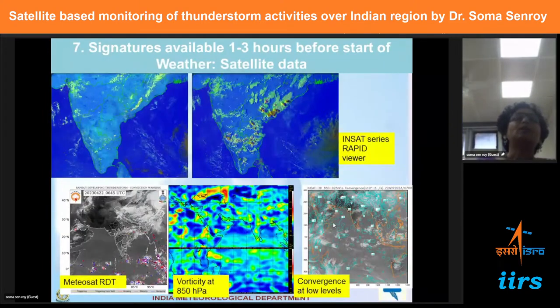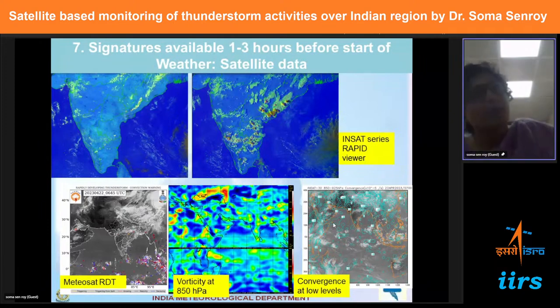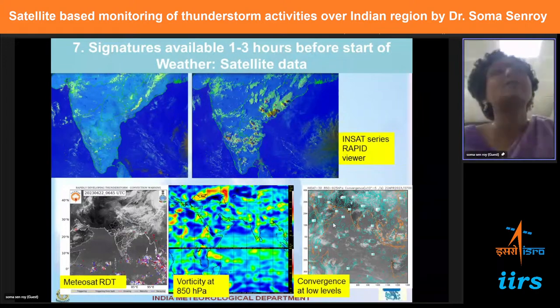So the other thing that we also use operationally for thunderstorm forecasting is the signatures of thunderstorm in the data.